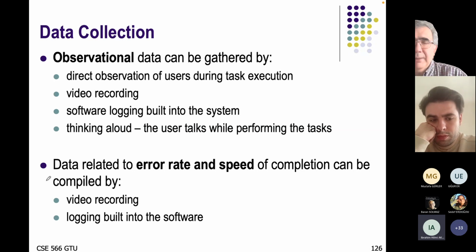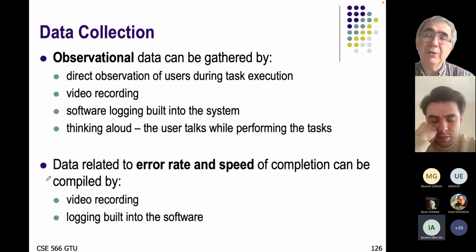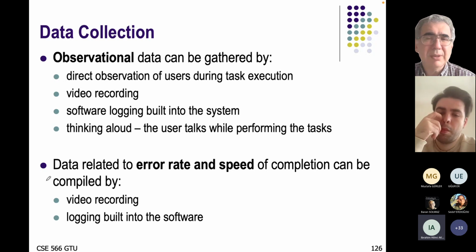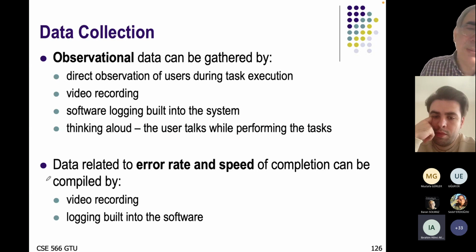We also record error rate and speed with additional software, or we can capture them from the screen video later. So screen video recording along with the video of the user is critical in laboratory experiments.